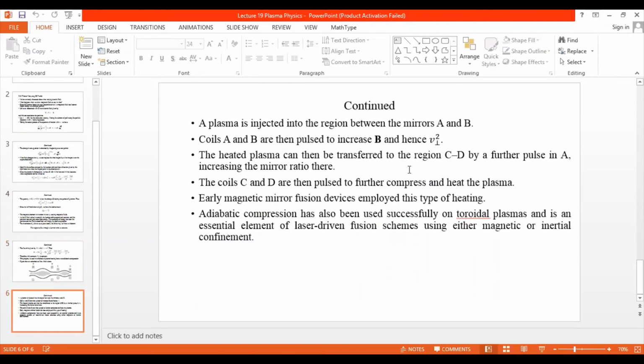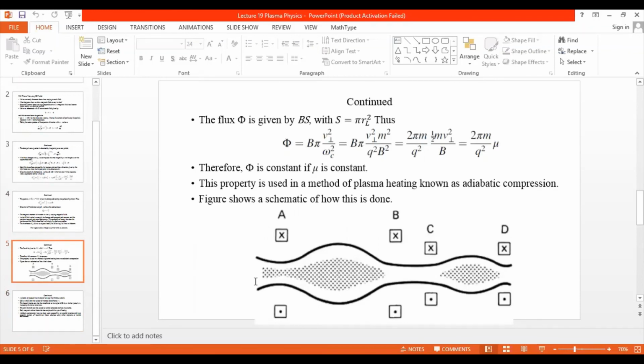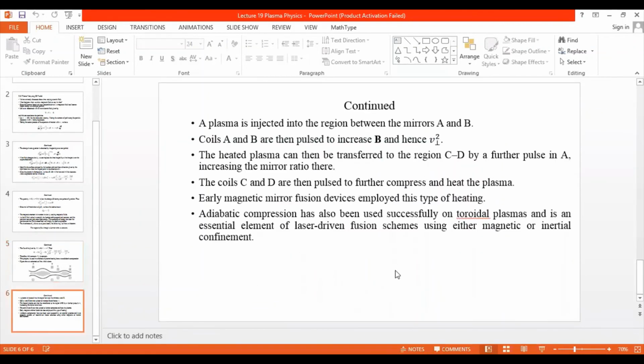The heated plasma can then be transferred to the region C and D if we further pulse from region A, and in this region we can increase the strength of the magnetic field, and if we increase the strength of the magnetic field, the plasma can be heated.